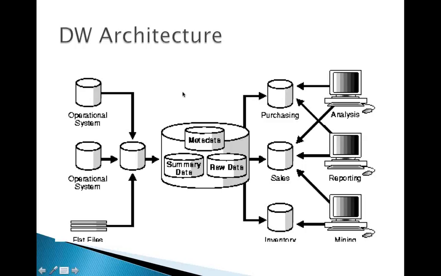We don't have metadata and summary data in staging. We have raw data in staging only. Whatever raw data we get, we maintain in the data warehouse with the metadata and summary data.